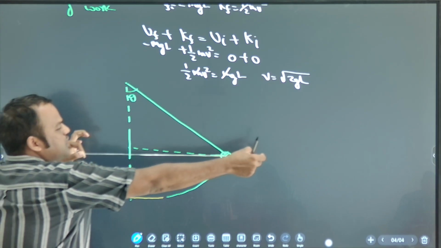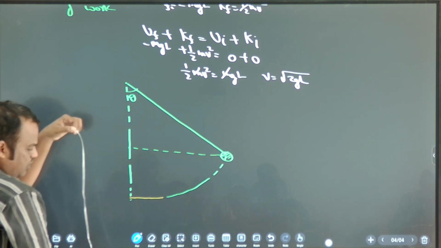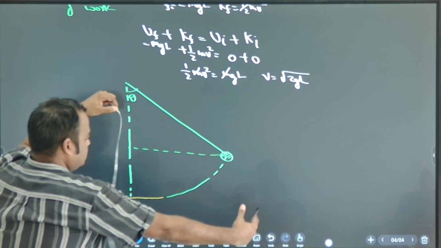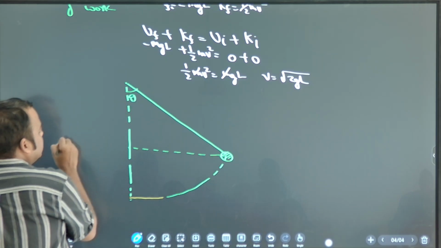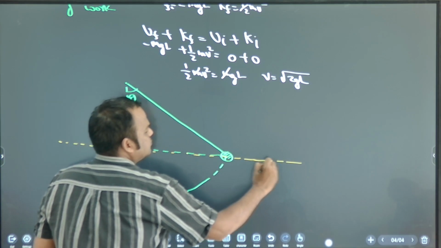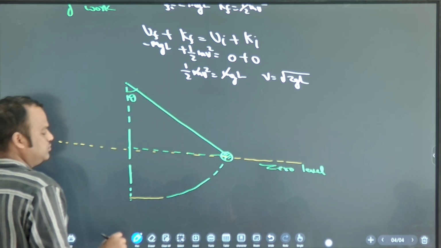So when released from 90 degrees, now it is released like this. Understood? So you can take this as 0 level, no problem.